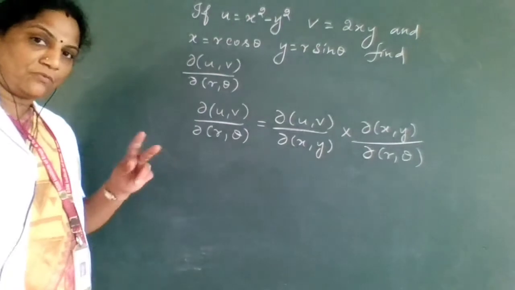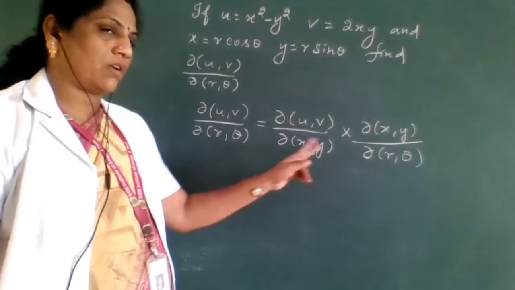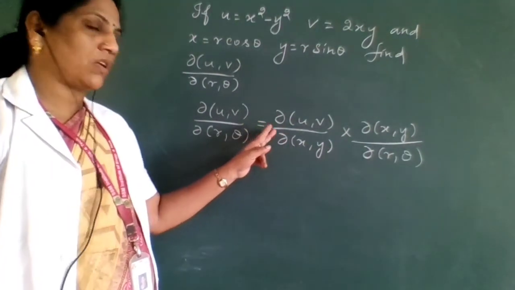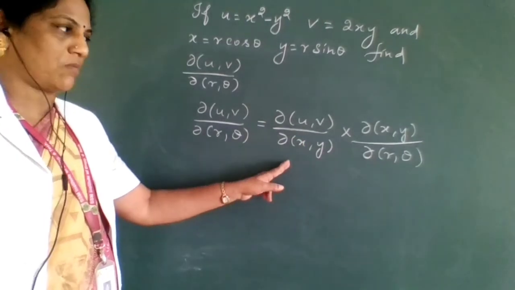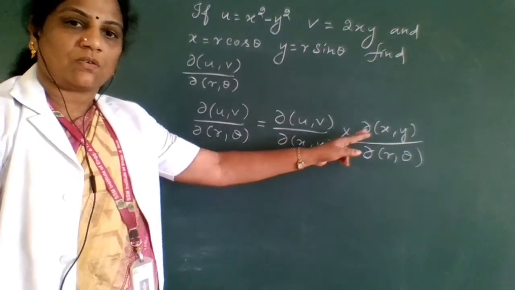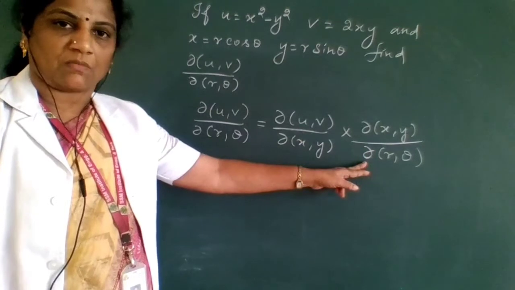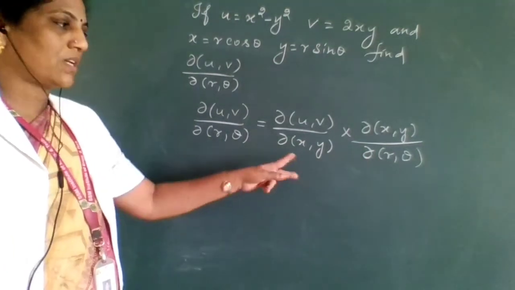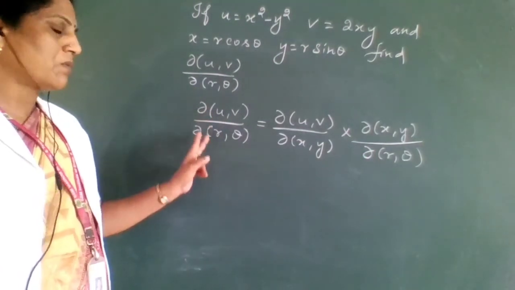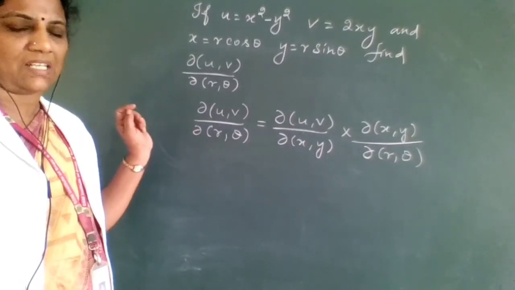So we have to find two Jacobians J1 and J2, where J1 equals ∂(u,v)/∂(x,y) and J2 equals ∂(x,y)/∂(r,θ). By using these two Jacobians, we find ∂(u,v)/∂(r,θ).